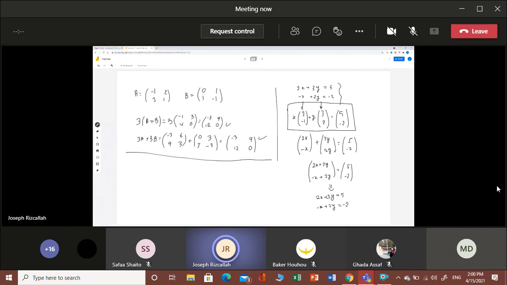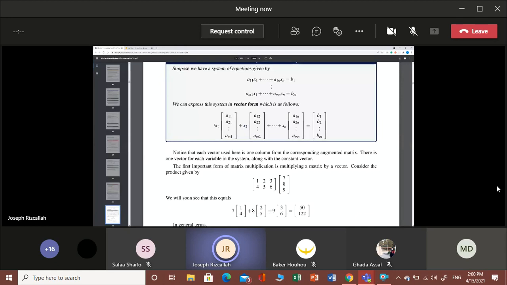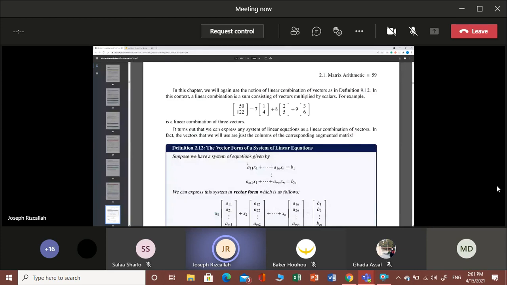Here it's a combination because we are combining them into a single sum, and it's linear because we are using just the vectors multiplied by some unknowns, x1, x2, and xn. So, to say it once more, a system of linear equations is equivalent to a linear combination of n vectors, and each vector has m entries.